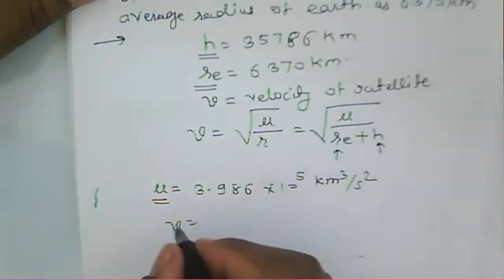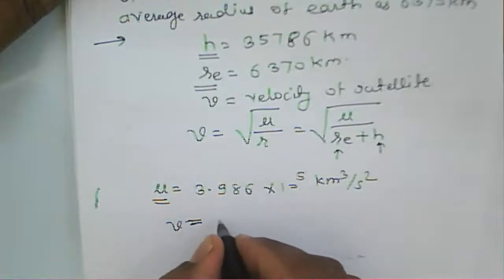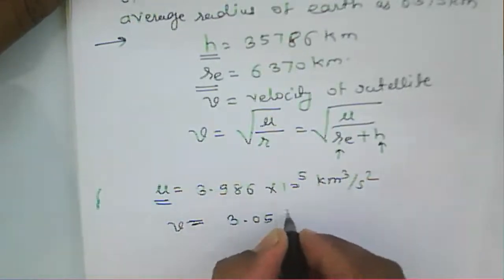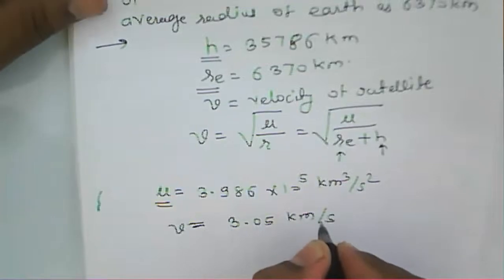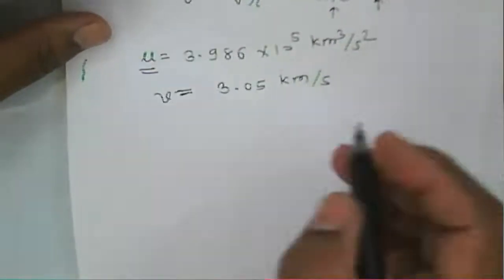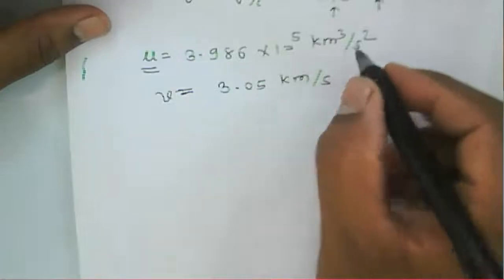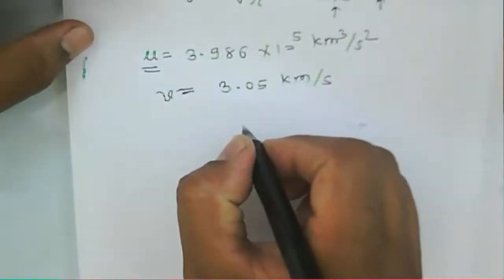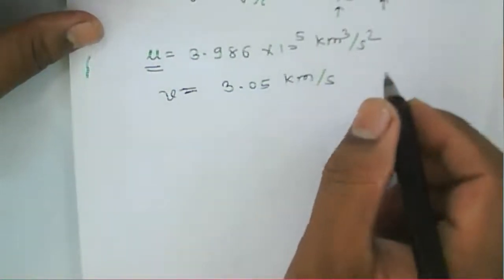After solving, you'll get that the velocity is equal to 3.05 kilometer per second. Or we can calculate this velocity in terms of hours also. So how much will be the kilometer per hour?